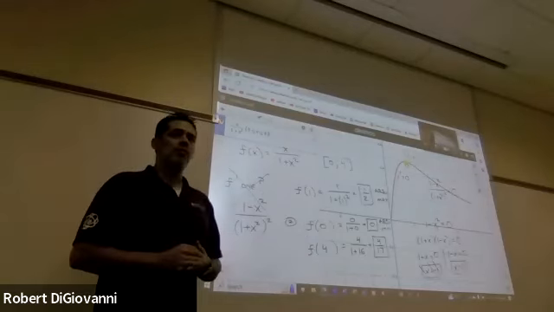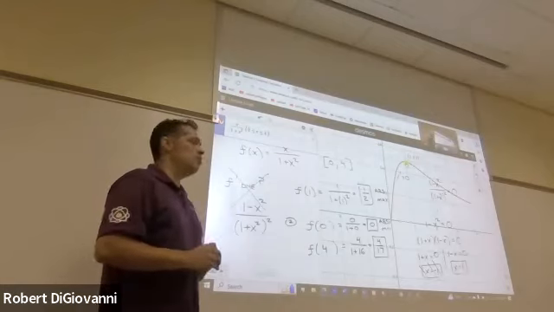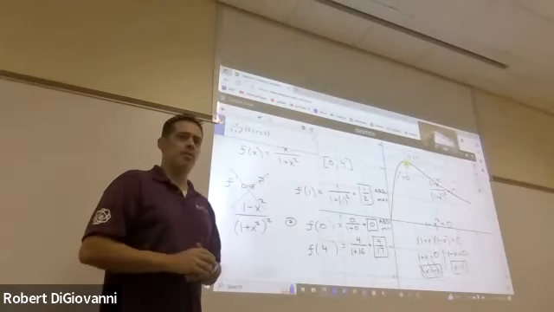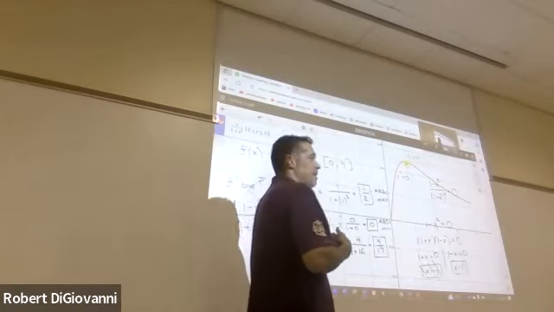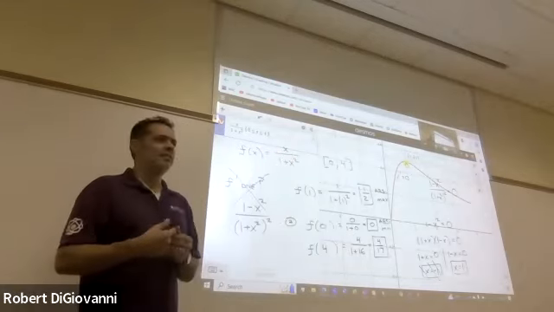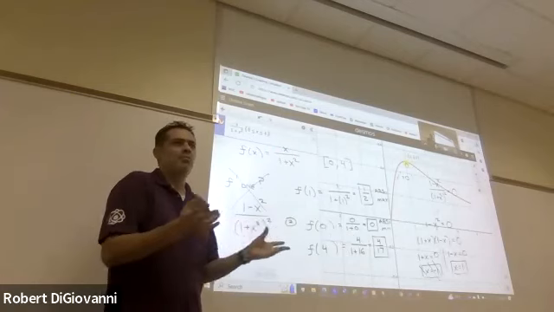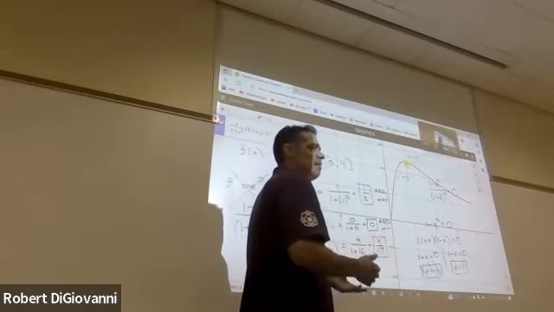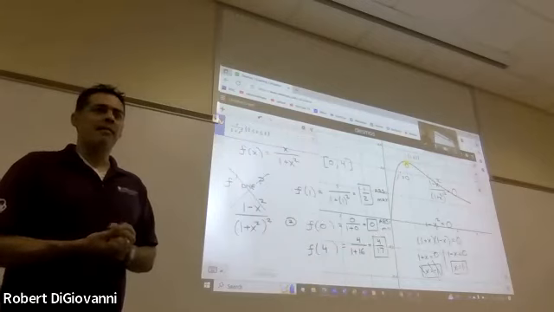And in the real world, an engineer would definitely turn to the computer to do this. I would rather have a computer find maxes and mins than have some engineer sitting at some desk taking derivatives by hand, because there's more likely a chance that they're going to make a mistake. The computer's probably not going to make the mistake.